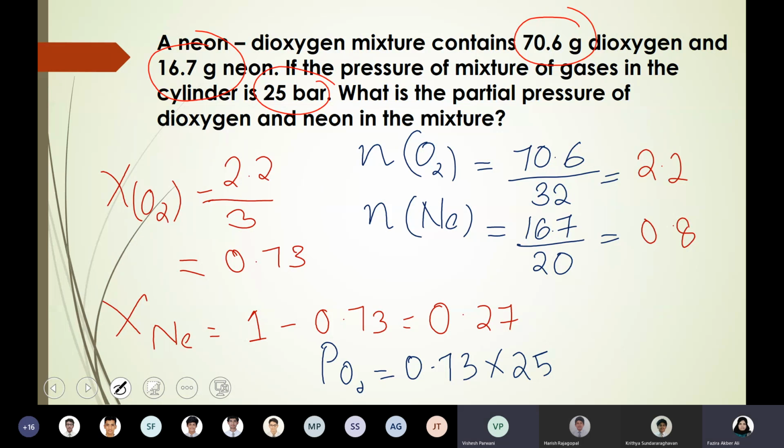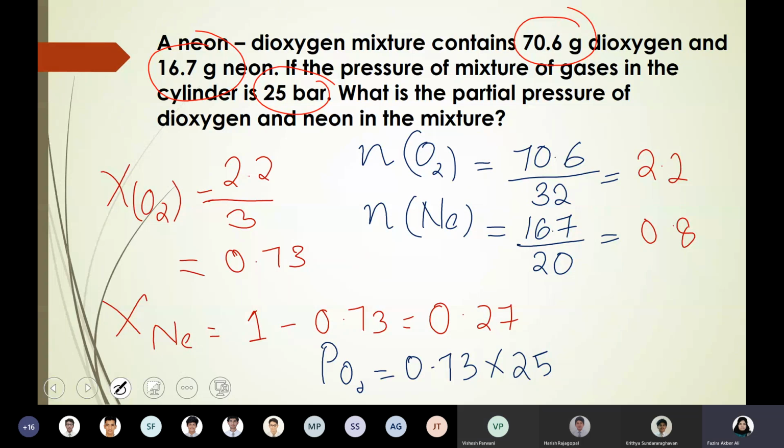Ma'am, could you explain again why you divided 2.2 by 3? Mole fraction, what is the equation? To find the mole fraction, what is the equation, Vishesh? Ma'am, I don't think I remember. That is the problem.